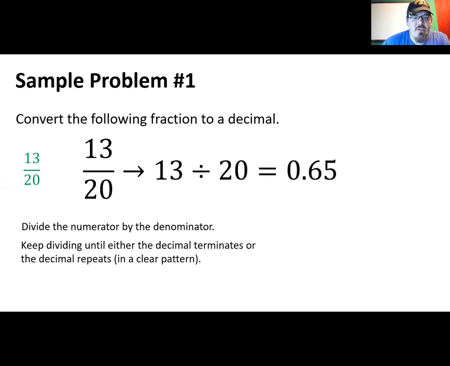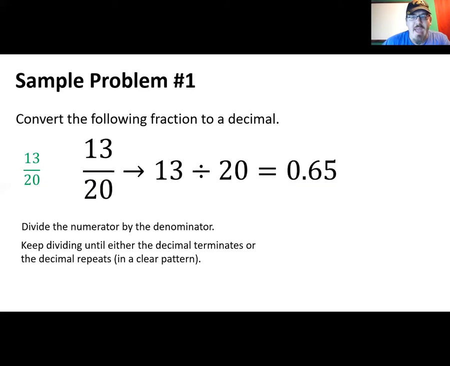Again, as you do the division, just as a quick reminder, you keep dividing until either the decimal terminates, which means it ends, things work out evenly, or until there starts to be a clear repeating pattern. For example, if you have the fraction 1/3, if you divide 1 by 3, you get 0.3333333. It just keeps going on.